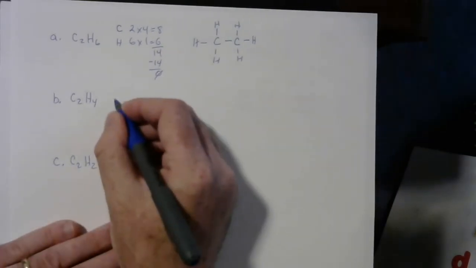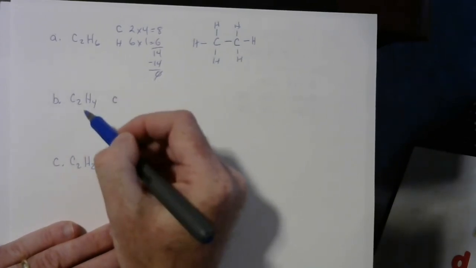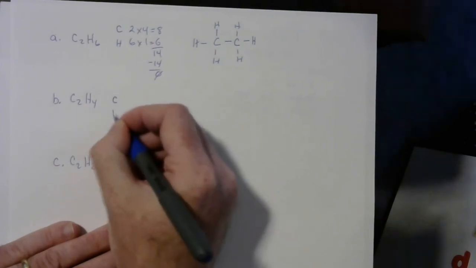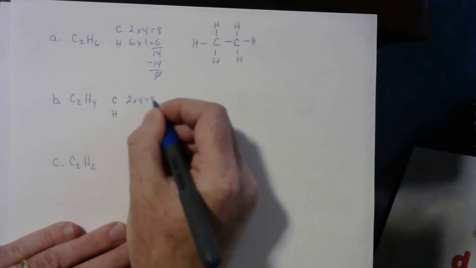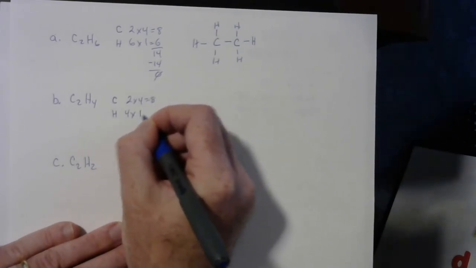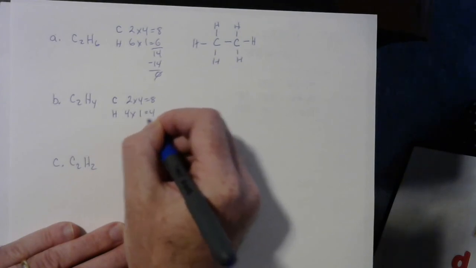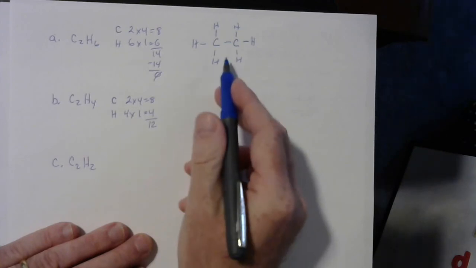Now, we got C2H4, which is ethene. This first one's ethane. This is ethene or ethylene, which is commonly used in plastic. Still 2 of those times 4 is 8. Hydrogen, there's 4 of those times 1, which is 4. That's going to give us 12. I'm not going to quite have the amount to do what I did up here.